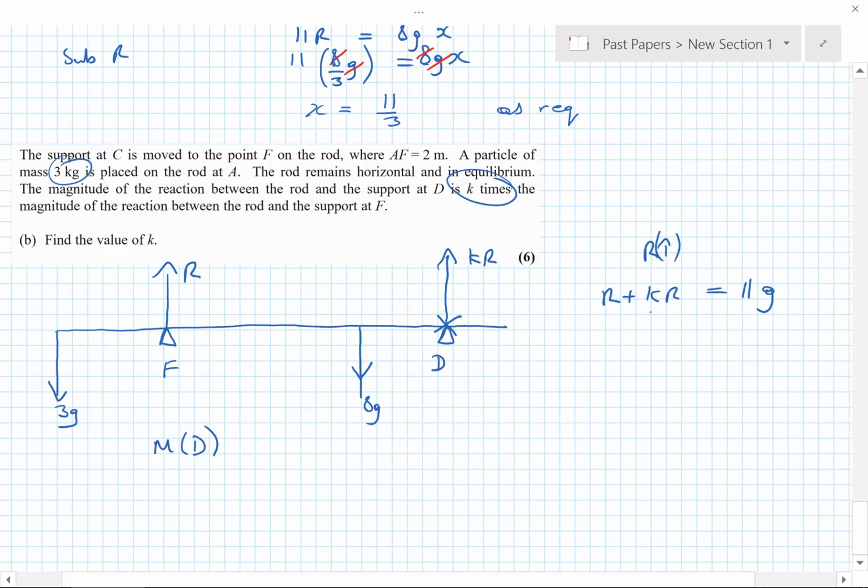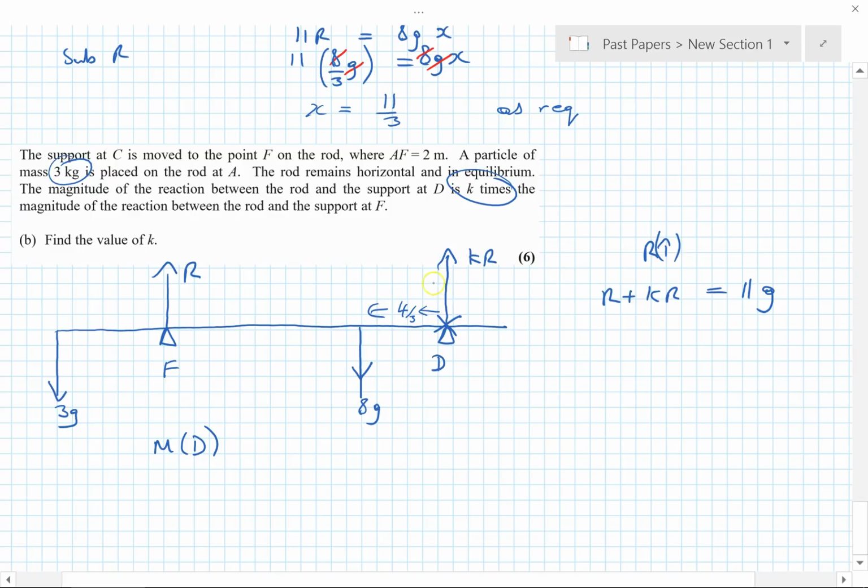So moments about D. Now first of all, I know that this distance here, as I've said, is 11 over 3, but this distance here is 5. So the length from here to here must be 5 take away 11 over 3, so that's 4 over 3, and then from there to there, that's 4 over 3.